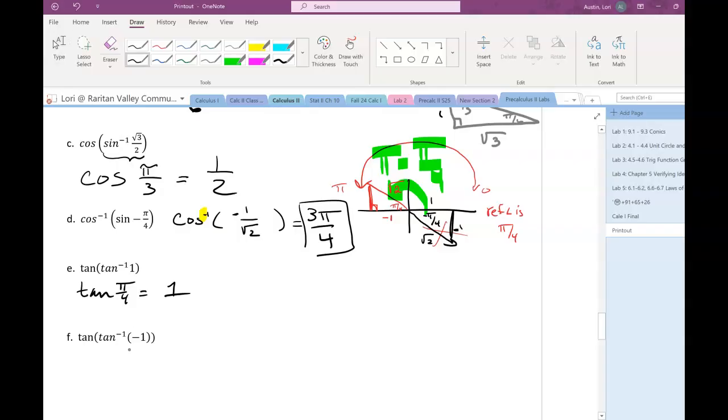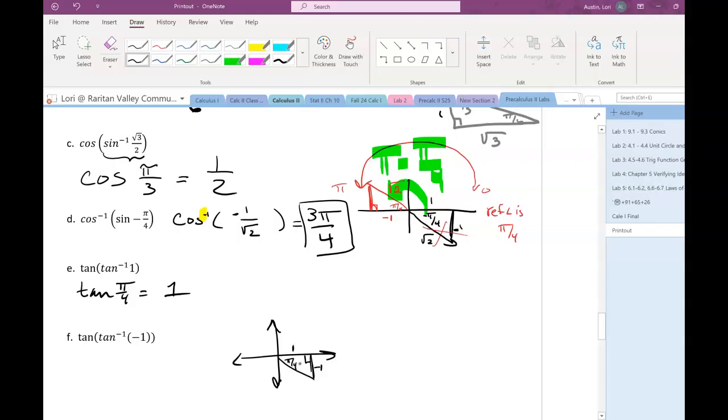Because tan inverse of -1, see, in that last part I could just work in quadrant 1 because it was all positive and everything was good. But once I want tan inverse of -1, I need to think about that restricted domain. And tan, just like sine, restricts me to quadrants 1 and 4. So I have a -1 and a +1 for pi over 4.